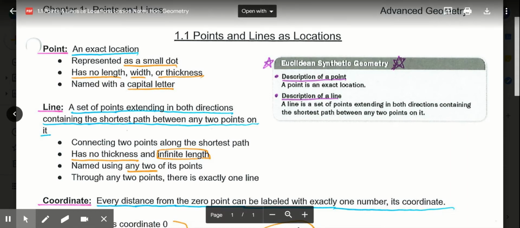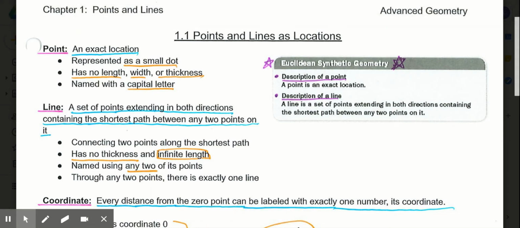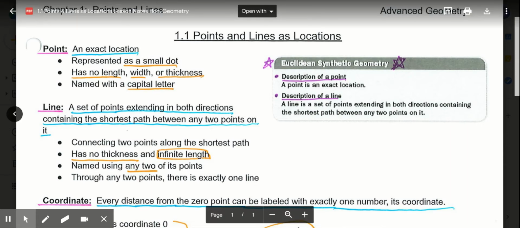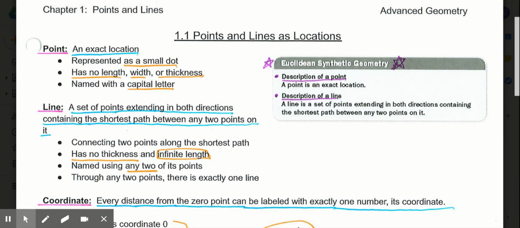Then it is named using any 2 of the points on it. So we could name a line, let's say it's written as line AB, we could name it AB or BA.